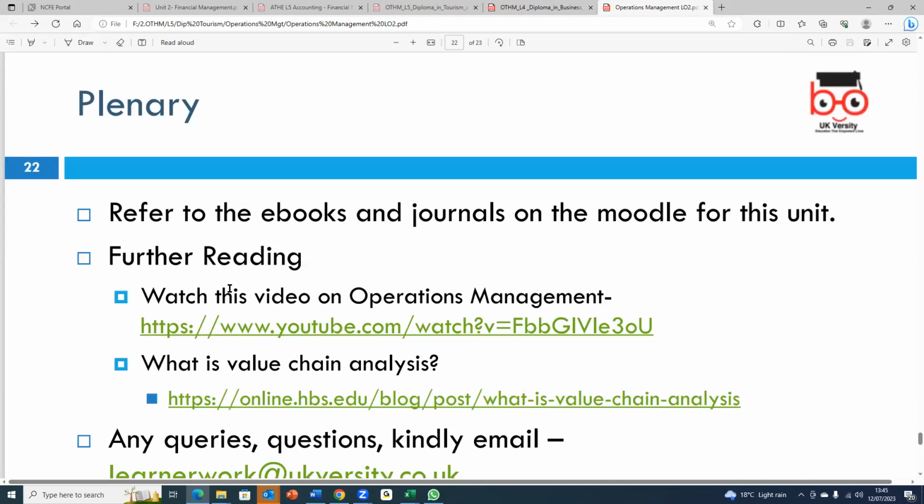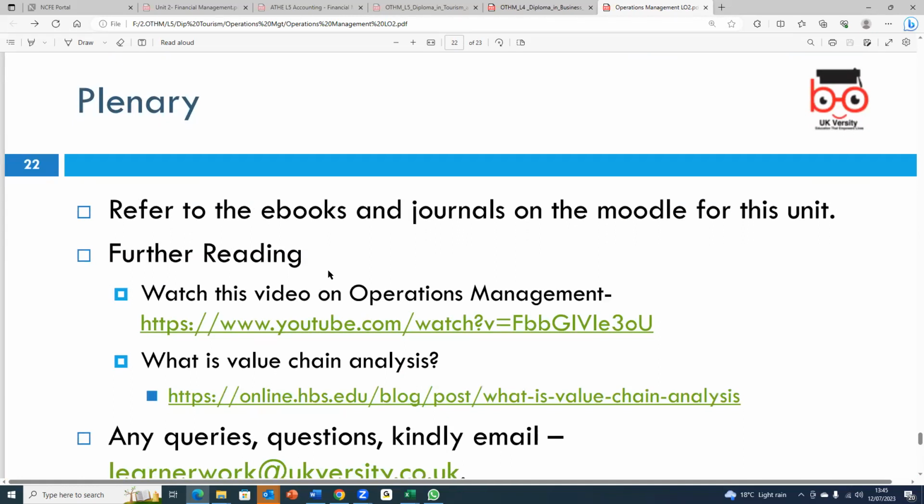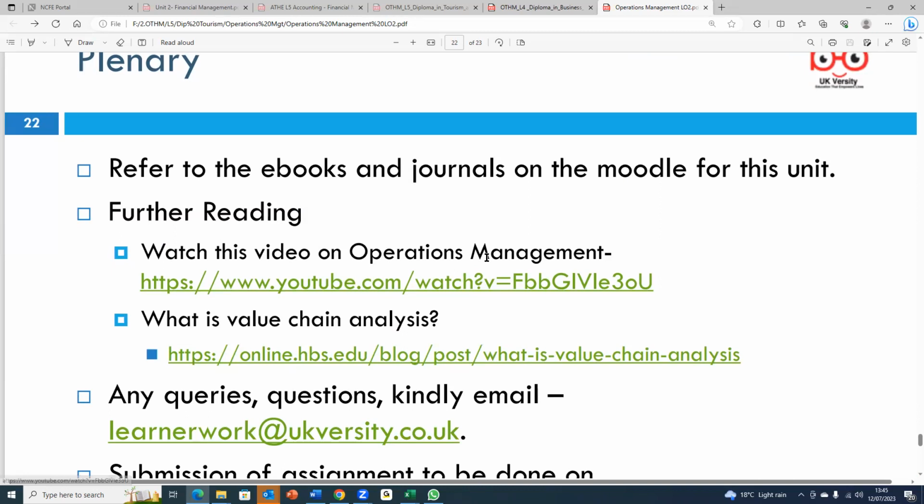Different materials are uploaded onto your Moodle platform, and you can watch some YouTube videos on operations management. Maybe also look at value chain analysis, which is very important, because it will give you an idea of what value and the value chain are, and how they can be used in operations management.